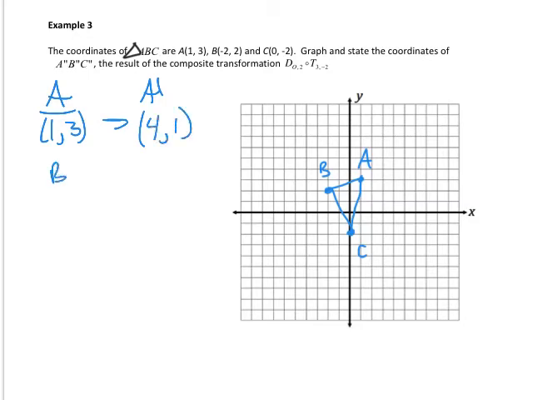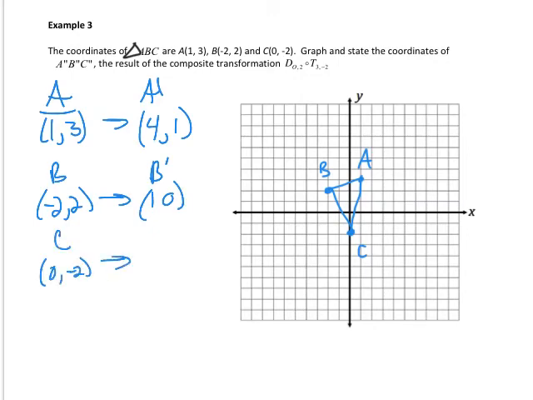For B, for that translation, if I start at negative 2, 2, I'm going to end up at 1, 0. And then for C, if I start at 0, negative 2, I should end up at, let's see, 3, negative 4, if I did that right.